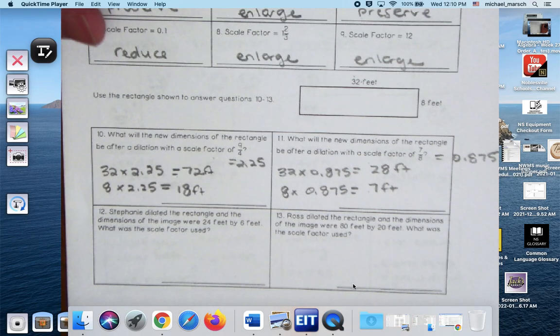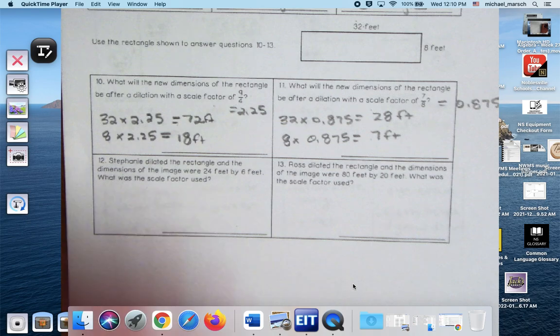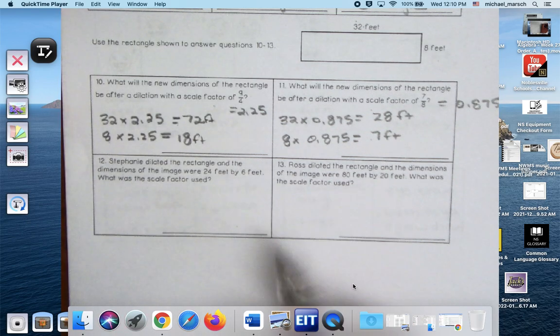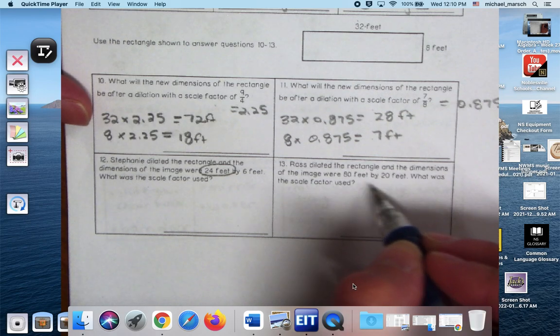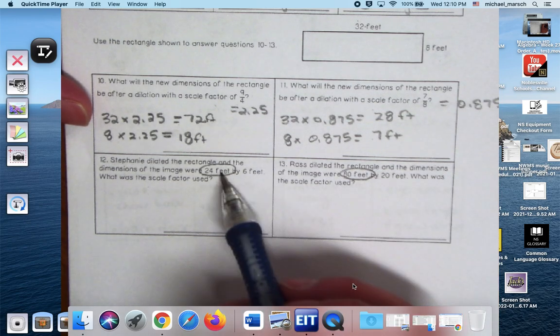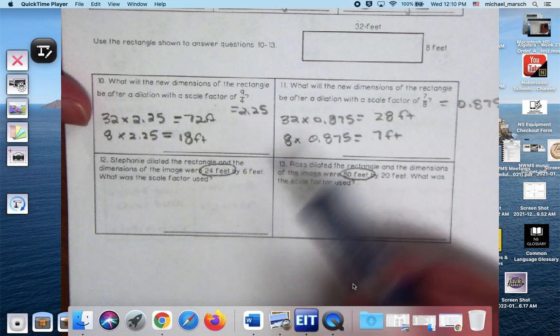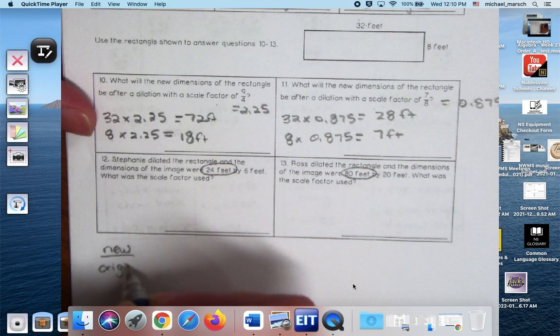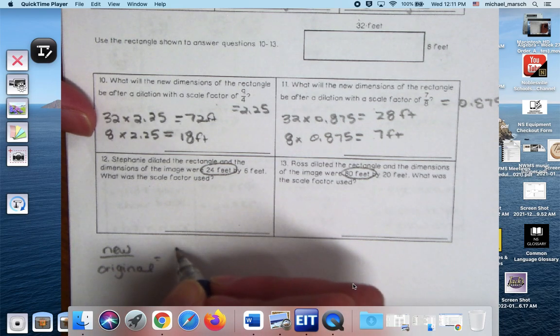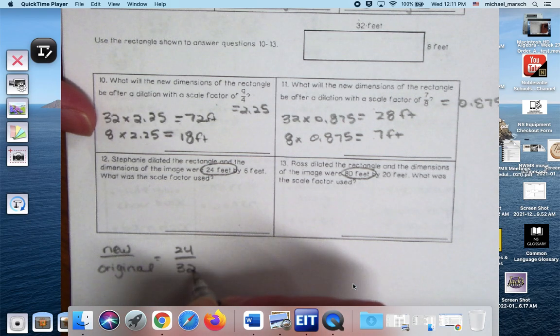Thank you. All right, and then these last two, we're going to determine the scale factor. So I'm going to use the side that is the longest to compare to the side that is the longest. Remember, we do new over original. So this would be 24 over 32.